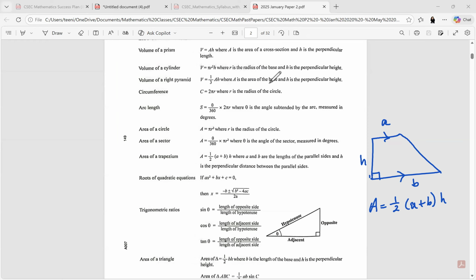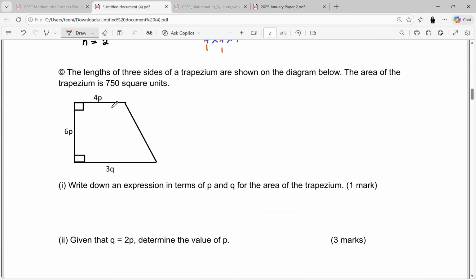So let's go back to the question now, right? So this will be A up here. This is A, this is B, and this is H, your perpendicular height. So to write the expression in terms of P and Q for the area, we would first recall that the area of a trapezium is half of the sum of A and B multiplied by the perpendicular height.